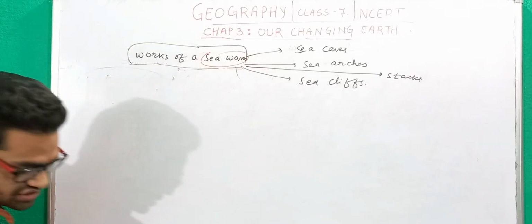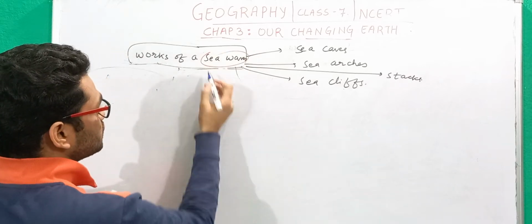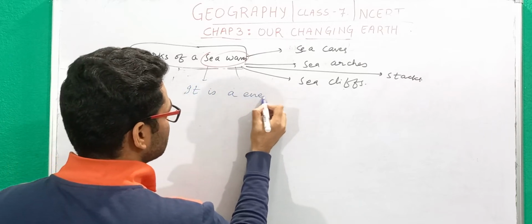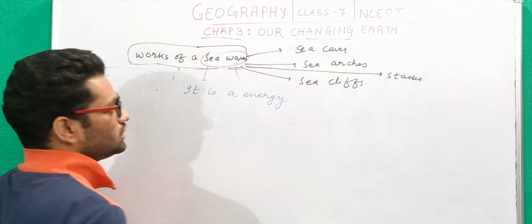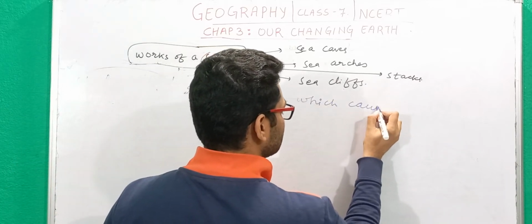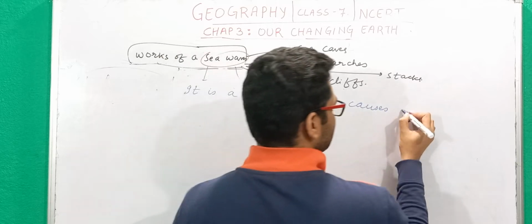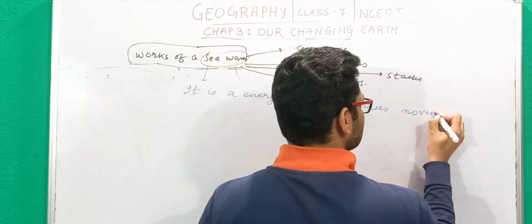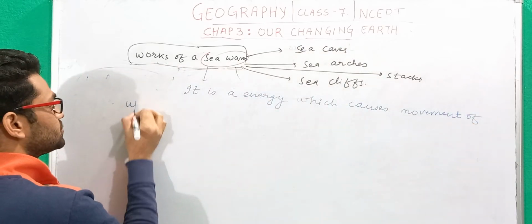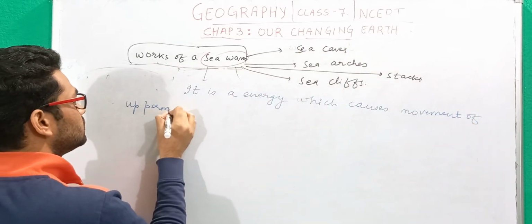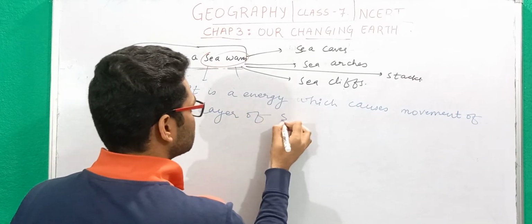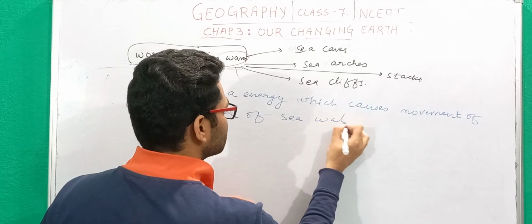So when we say sea wave, do not confuse it, it is a type of energy, an energy which causes movement of the uppermost layer of seawater.